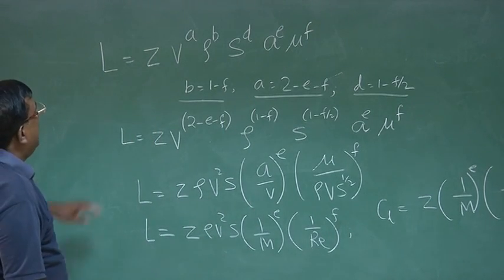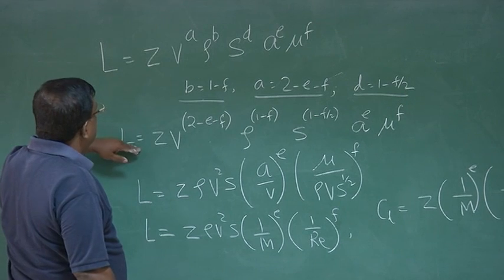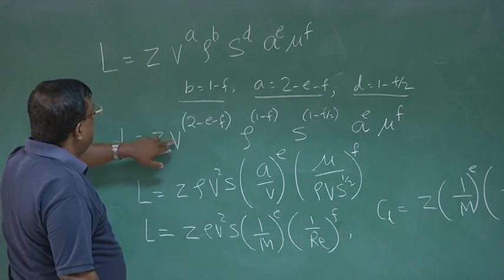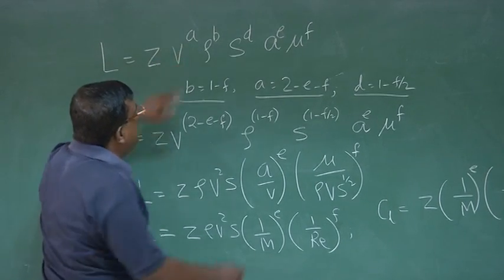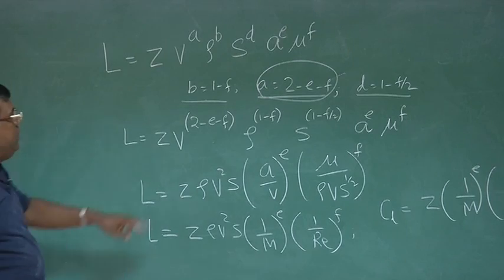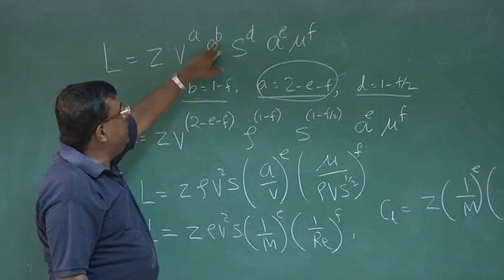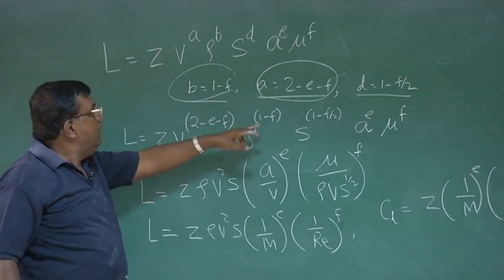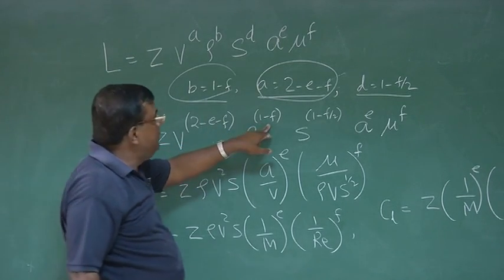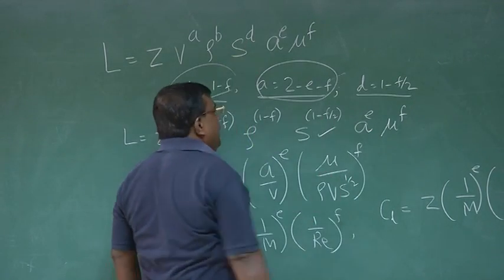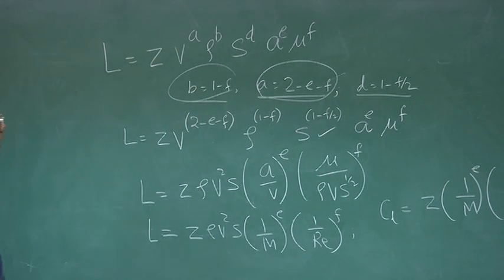So what I do, I substitute this in this equation, so I get lift equal to z, v to the power a means this, 2 minus e minus f, so I put it here, rho to the power b, and b means 1 minus f, I am putting here 1 minus f, s to the power d is 1 minus f by 2, so s to the power 1 minus f by 2, and a to the power e, and mu to the power f.